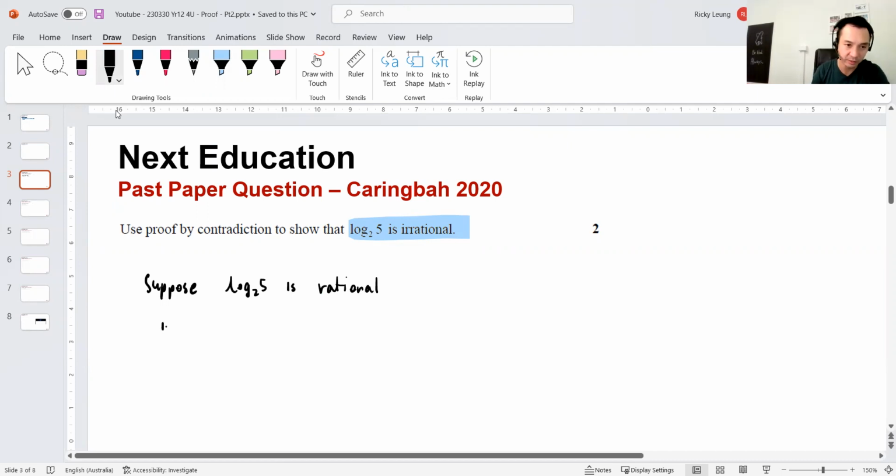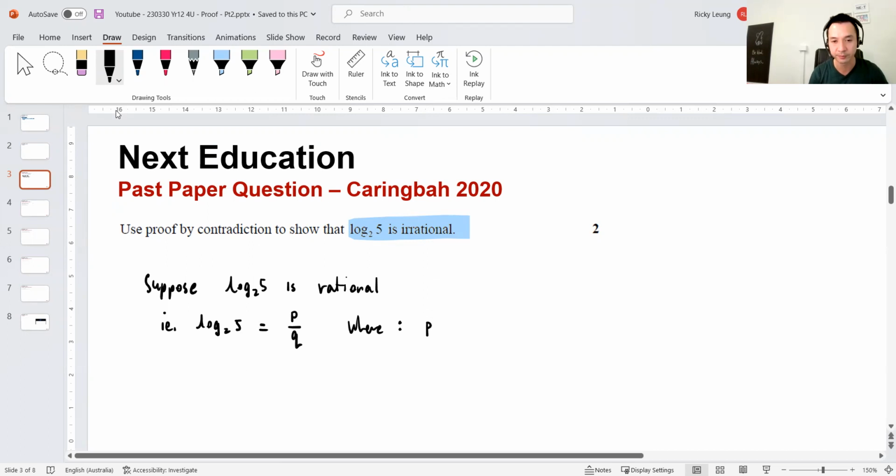Whenever we assume that it's rational, it equals a fraction, p on q, say, where p and q have two key elements.